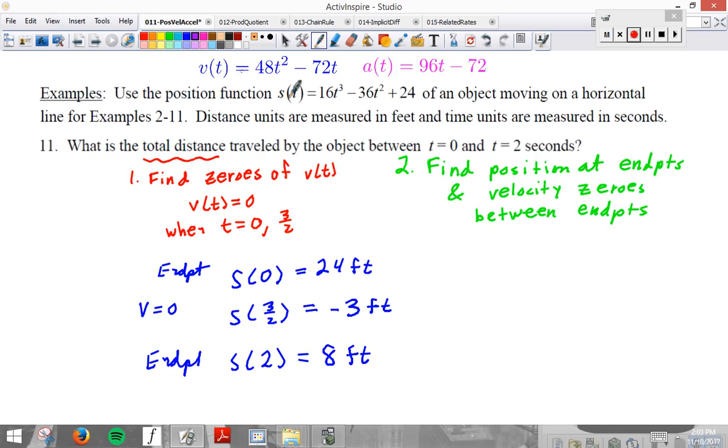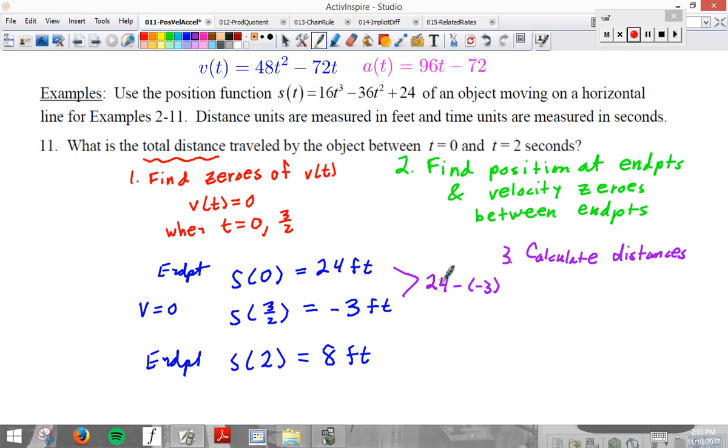So now, all we have to do, step 3, calculate distances. So how far have we gone from -3 all the way to 27? Well, that would just be 24 minus -3.